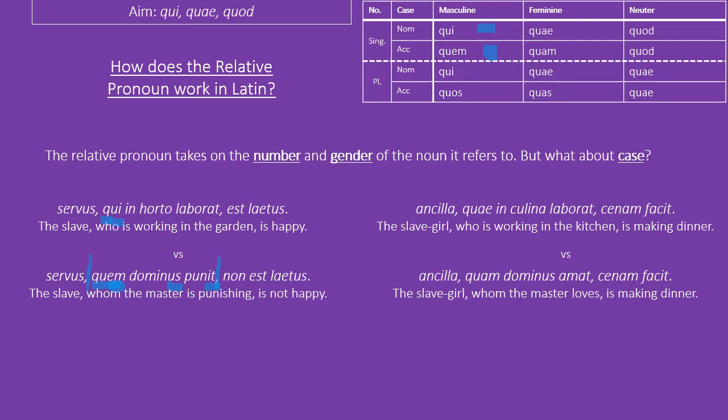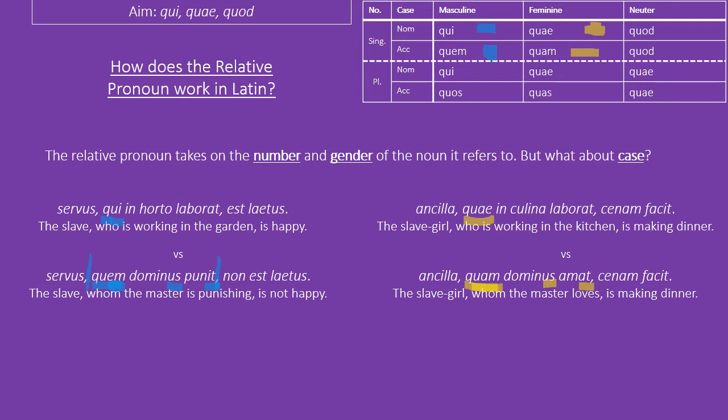Something's happening to him. If we look across on the right, you can see the same sort of thing going on. We have quae in the first sentence, but quam in the second sentence, which again follows the same logic. Quae is nominative, quam is accusative. We can see that the dominus is amat quam, the accusative version of the relative pronoun, which is why I've used the word whom.